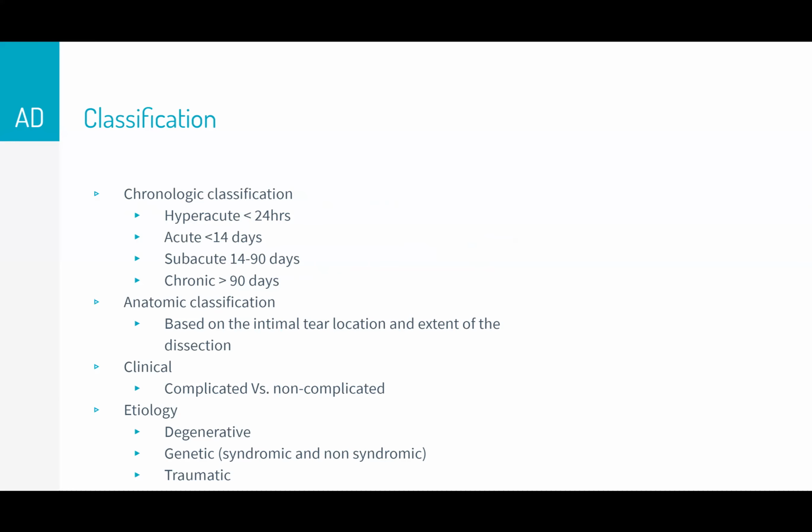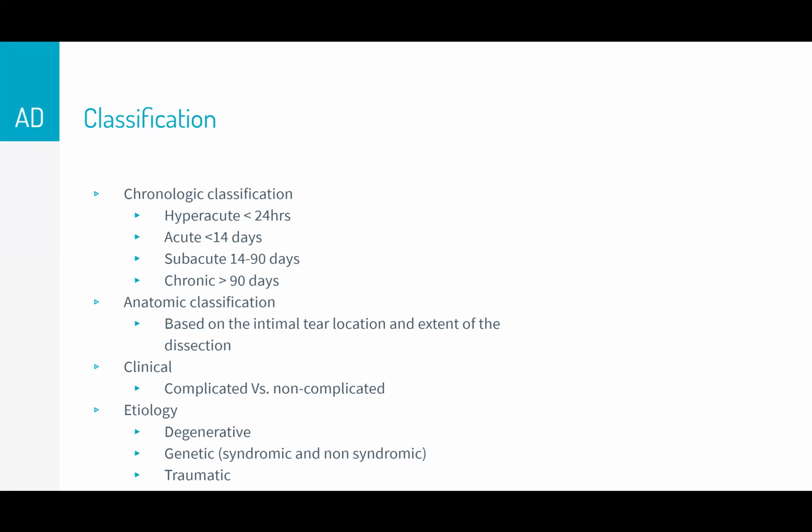The onset of symptoms is less than 24 hours, and we have the acute classification, which is anything less than 14 days, and the subacute from 14 to 90 days, and the chronic is more than 90 days.